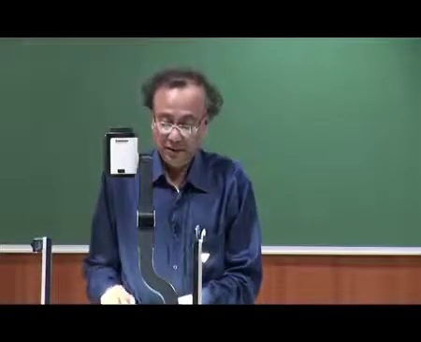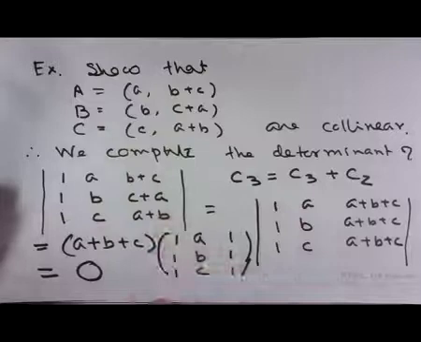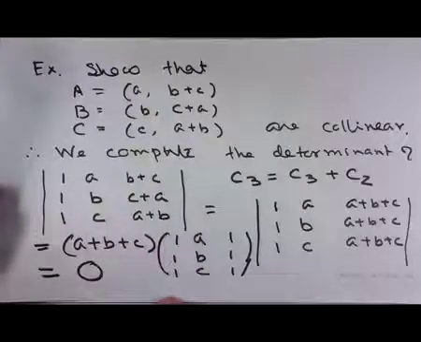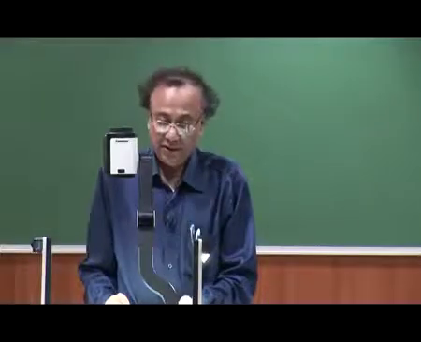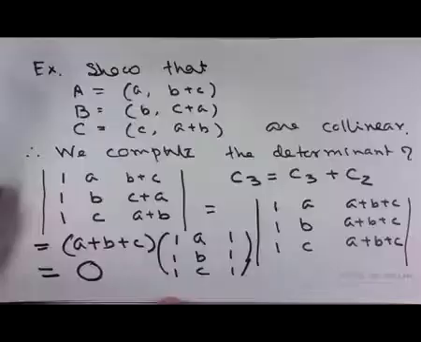Therefore, we can see that these 3 points are collinear as the triangle formed by these 3 points has area equal to 0.